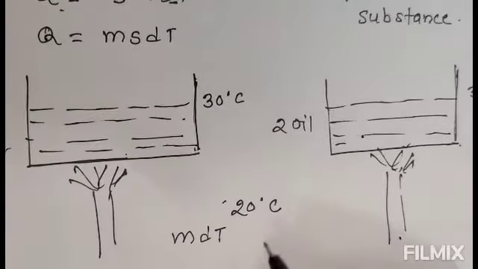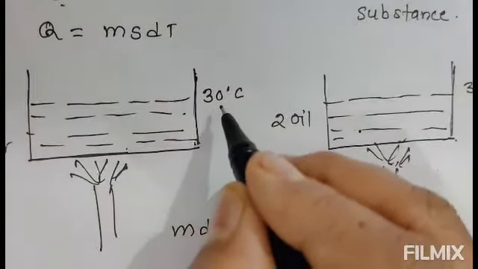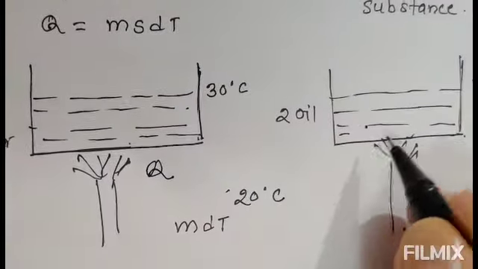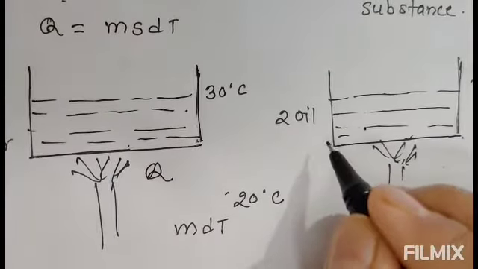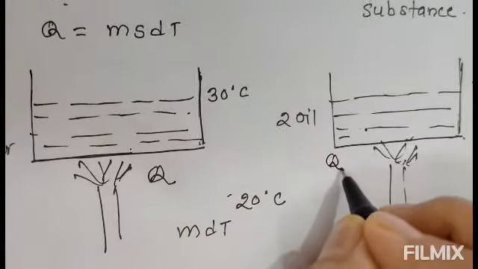But then also you will find that raising the temperature of water up to 30 degrees Celsius will require more heat than raising the temperature of oil, means to raise the temperature of oil by 10 degrees Celsius requires less heat.